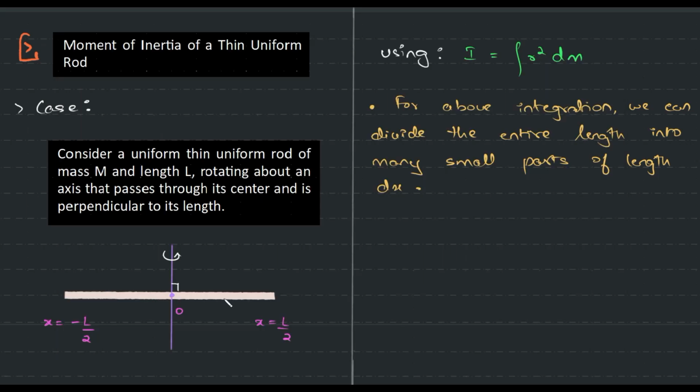So we'll start off with one small part, say over here. That is my small part of length dx, which is x units away from the center. First is small parts of length dx.